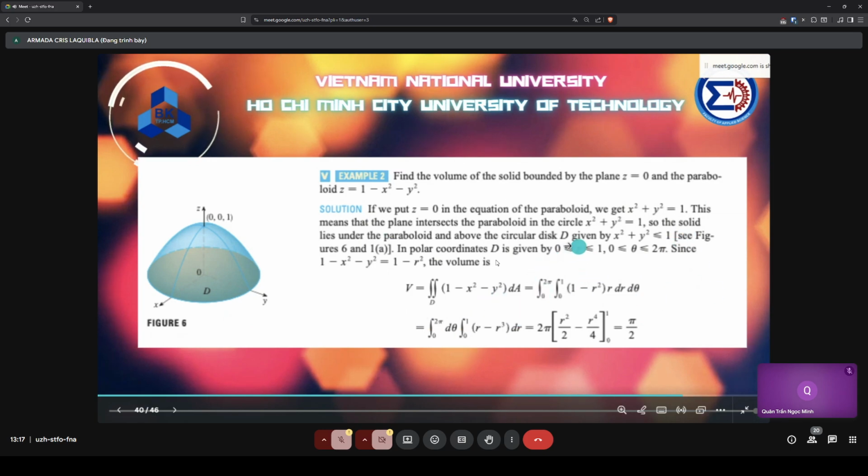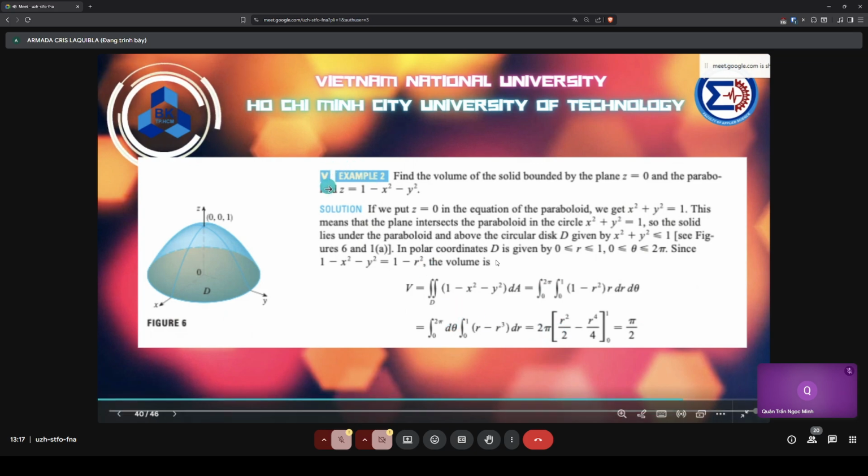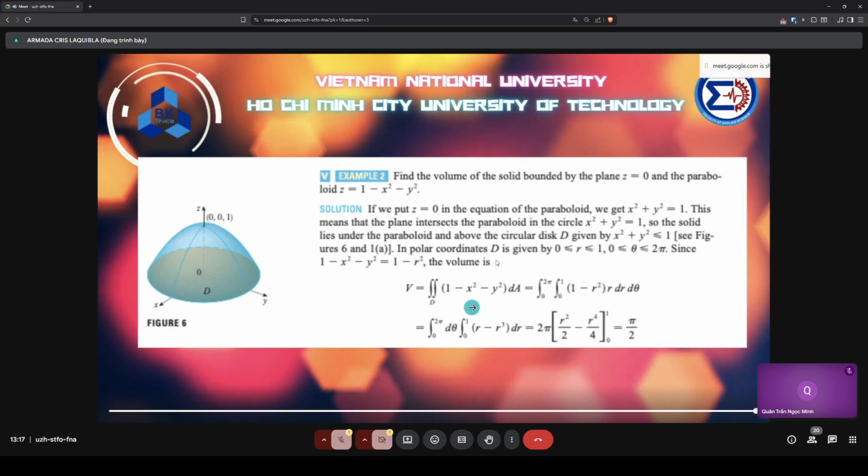So in your double integral, we solve the double integral of the z only because this is your paraboloid. This is the curve here. This is the graph, right? So we integrate the double integral of that z dA.